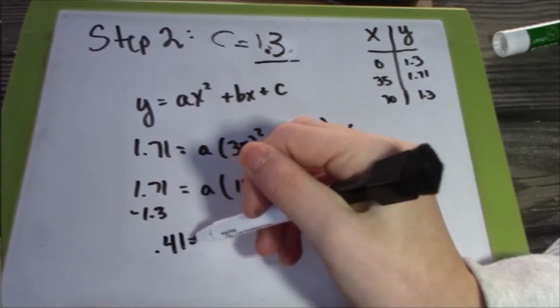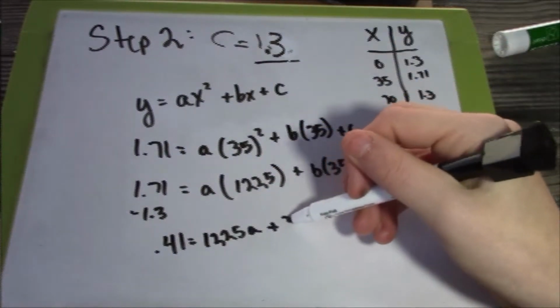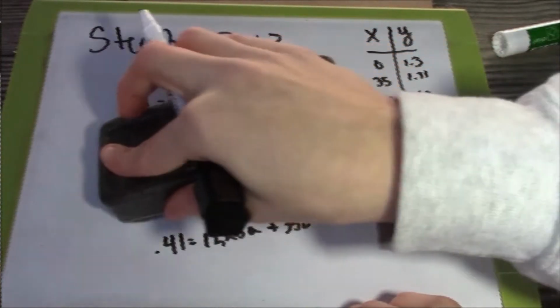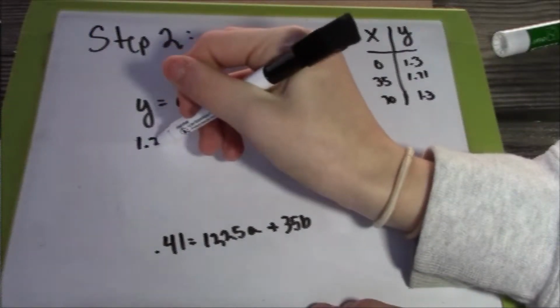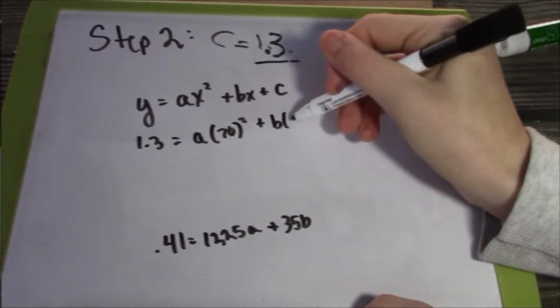The first equation says 0.41 equals 1,225a plus 35b. Plug in the third set of coordinates to get the second equation.